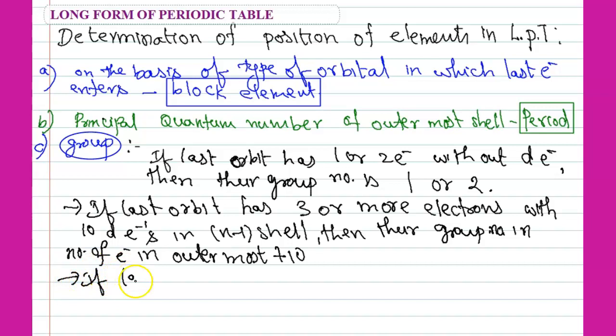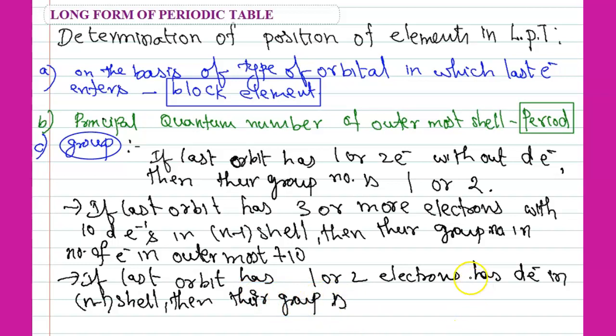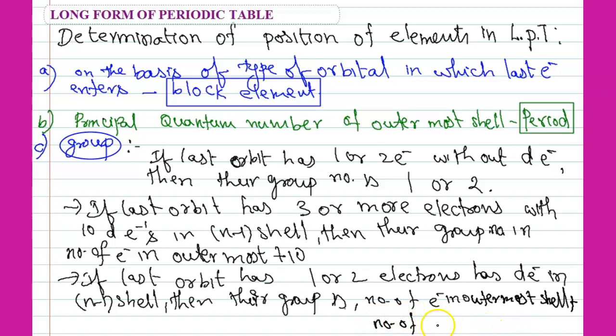If the last orbit has 1 or 2 electrons with d electrons in the n-1 shell, then their group number is the number of electrons in the outermost shell plus the number of electrons in n-1 d. So this is the formula, students.